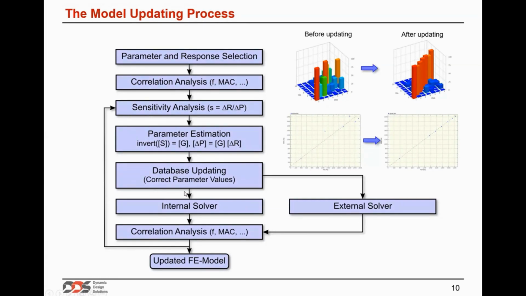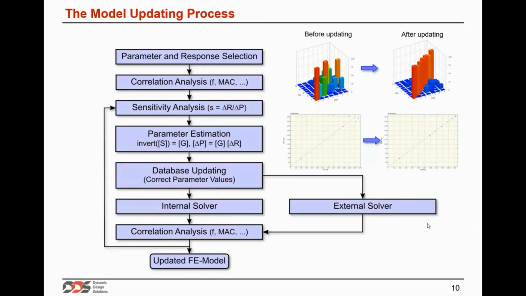And so with new parameter values for materials, plate thickness, beam stiffness, and so on, the finite element model is updated and needs to be solved again. This can be done with the internal solver that is included in FEMtools, or the external solver that is used for the simulation.